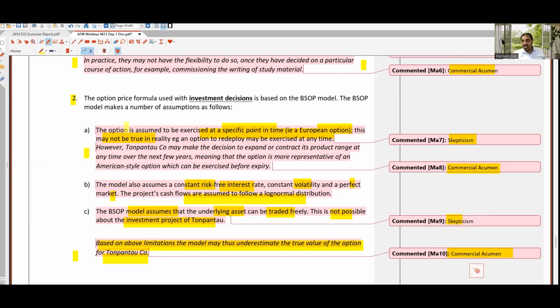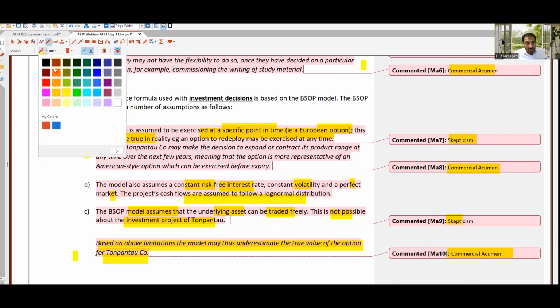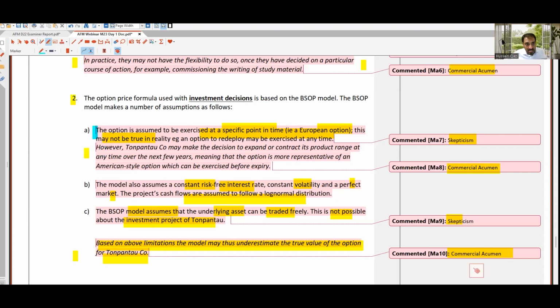If you just write that the BSOP model is based on a European option, this is a brief, incomplete sentence. You have to complete your sentence: this may not be true because the option can be exercised anytime. And if you mention only this statement, this is a generic answer. But you have to connect with the case, that is the complete answer. Full technical marks and the complete professional marks will be available once you connect with the case as well.